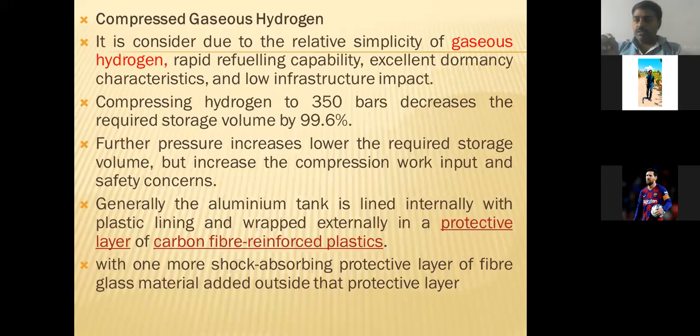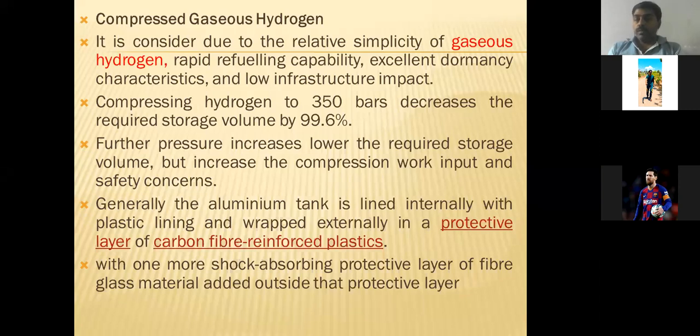In a similar fashion, whenever you need to use the same thing in the automobile part or in any industrial sector, you need higher pressures. You might say it can be compressed up to 99%, but why can't it be 100%? Instead of 350, why can't it be moved to 360, where 100% compression is possible?